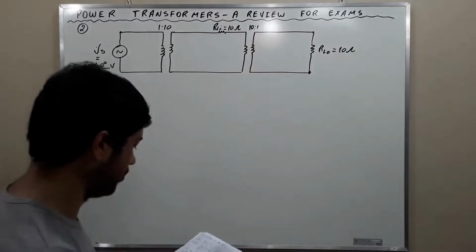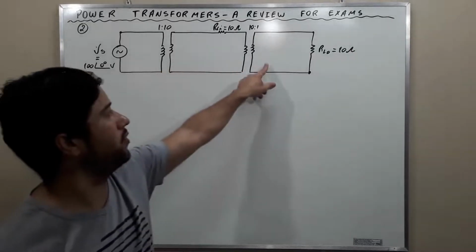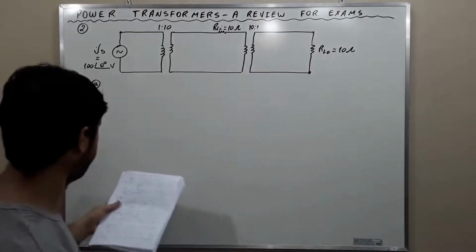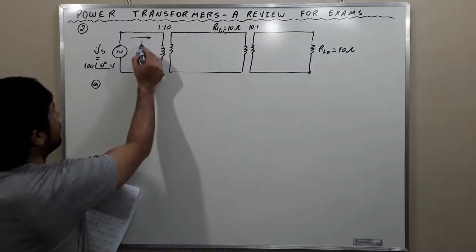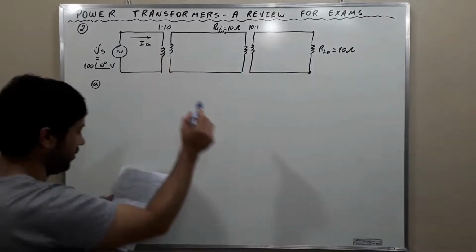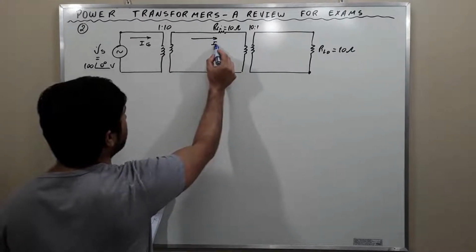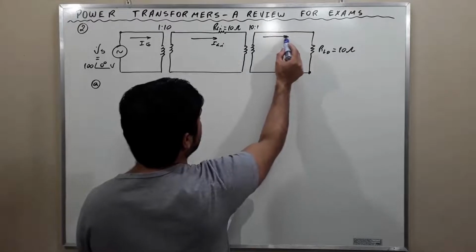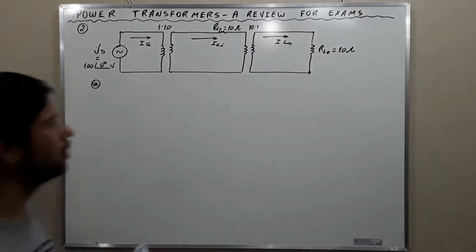We're going to step up the voltage here and then step it down to deliver power to the load. This is the current of the generator, this is the current of the line, and this is the current of the load.